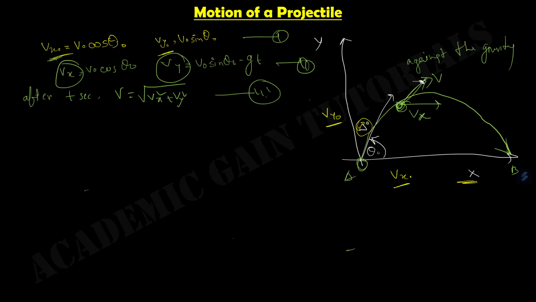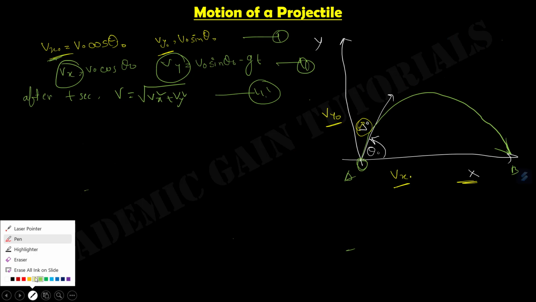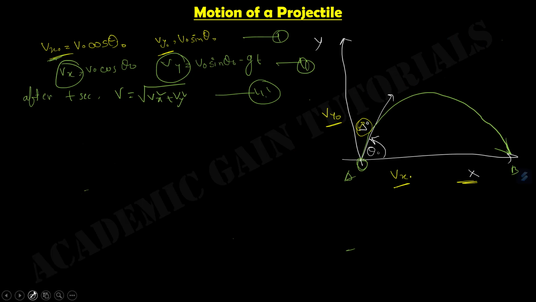Now we know another formula: s equals v naught t plus half of at square.